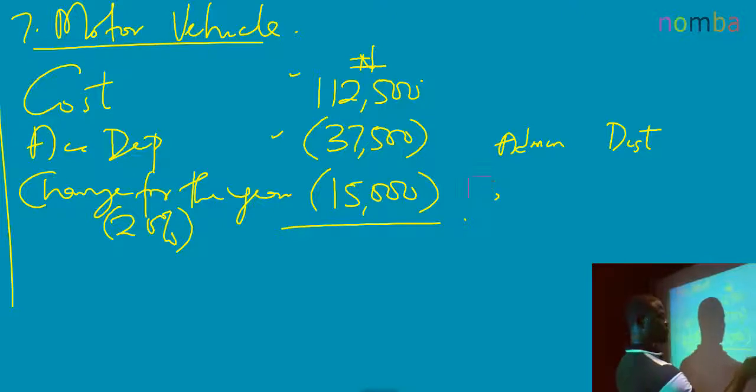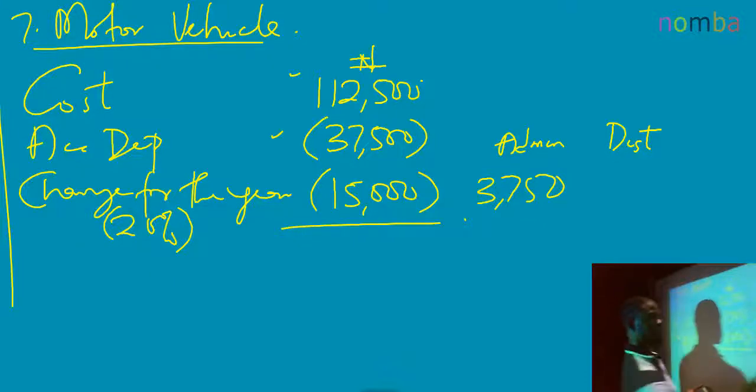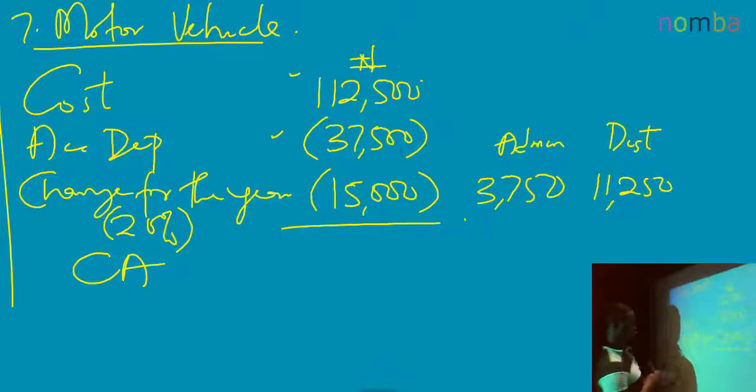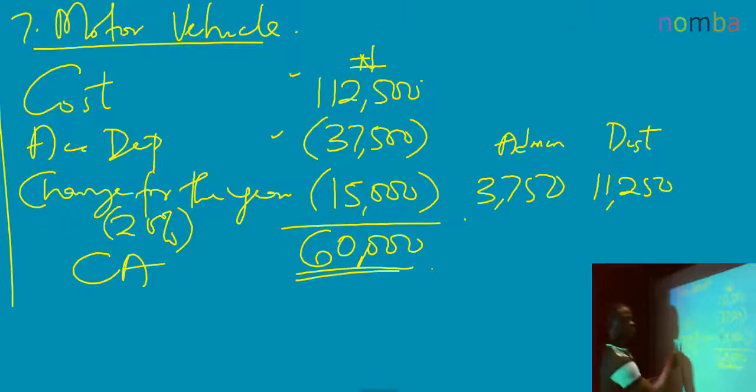While distribution will take the remaining 75%. And that's 11,250. So the carrying amount would be 112,500 minus 37,500 minus 15,000 gives me 60,000 as the carrying amount. Okay.